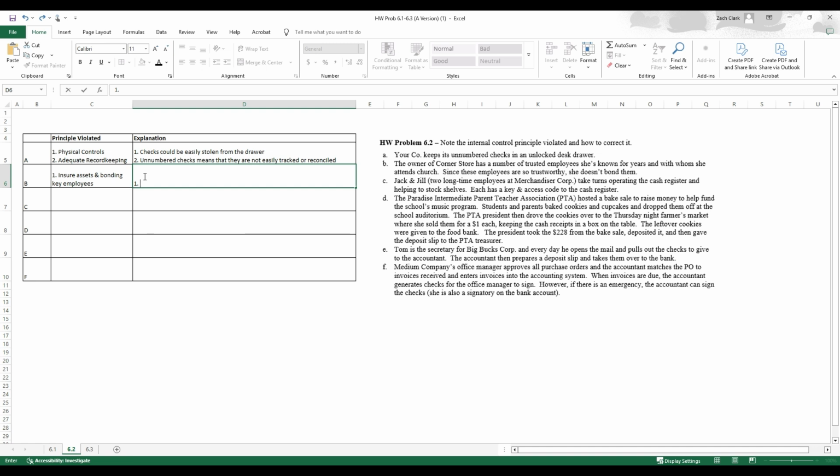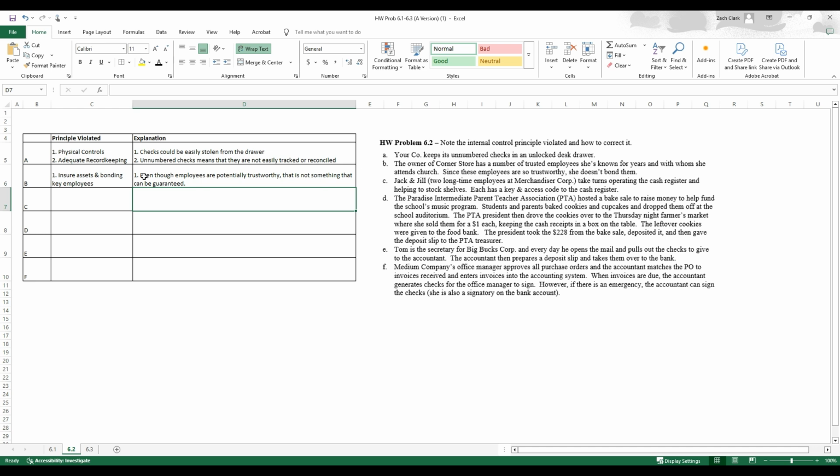And let's say that even though employees are potentially trustworthy, that is not something that can be guaranteed.